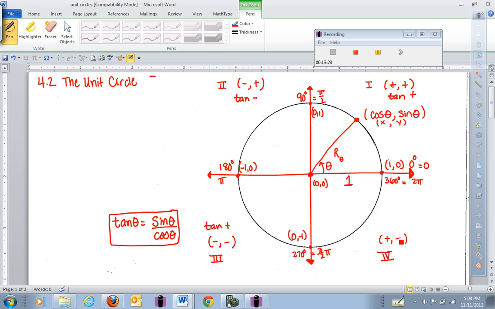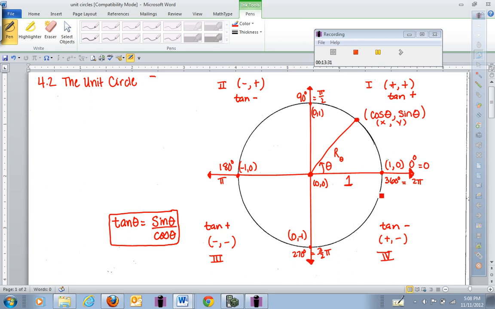And over here, sine is negative, cosine is positive, and negative divided by positive gives us a tangent that is a negative. And you notice that sine is positive in the first quadrant and the second quadrant, and it's negative in the third quadrant and the fourth quadrant, isn't it? Cosine is positive in the first quadrant and positive in the fourth quadrant. It's negative in the second and negative in the third. Tangent is positive in the first, positive in the third, negative in the second, and negative in the fourth.